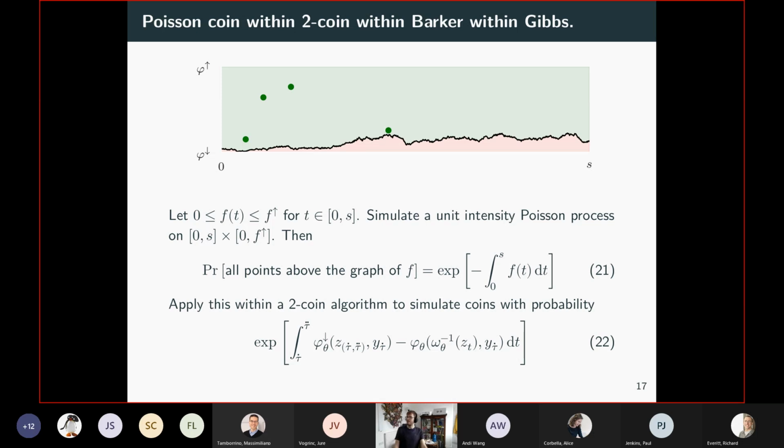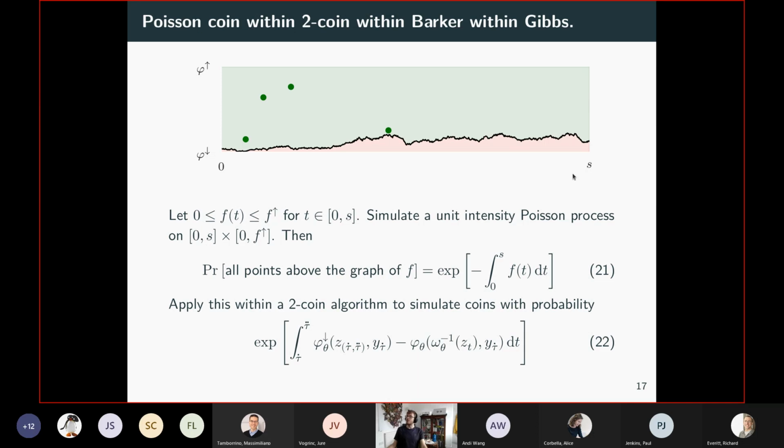Now, assuming that phi has indeed that lower and upper bound, you can just go ahead and apply this Poisson coin algorithm to simulating coins with the right probability. This is just substituting f for the actual integrand that we're interested in our specific setting.